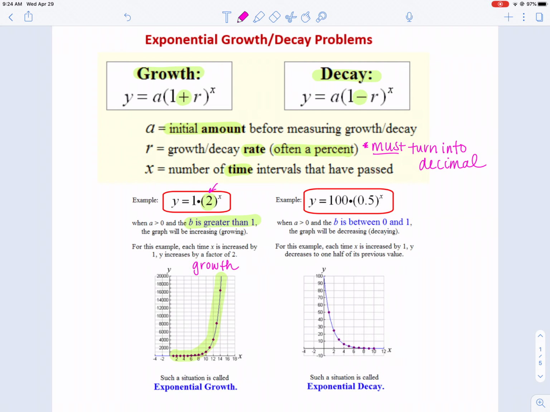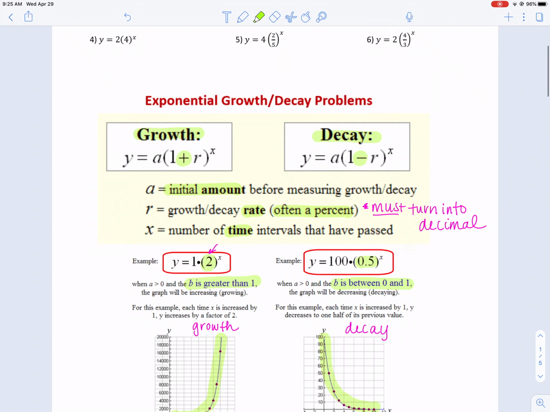So as long as your base is greater than 1, the graph is growing. It's considered growth. Now, on the flip side, look at your base here, 0.5. Look at this graph. It's going down, or what we call decaying. Okay, so not just when it's less than 1, when your base is in between 0 and 1, that is when your graph is going to be decaying.